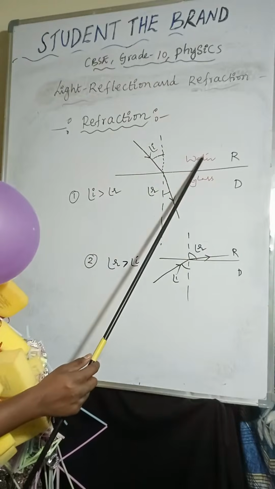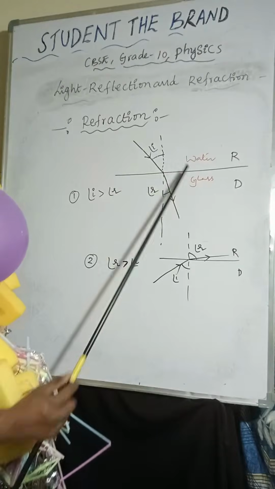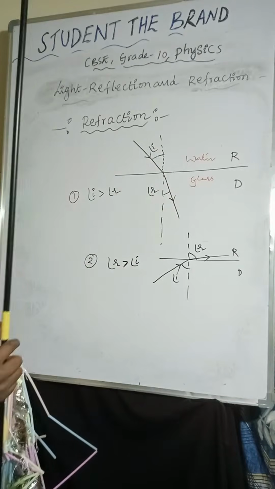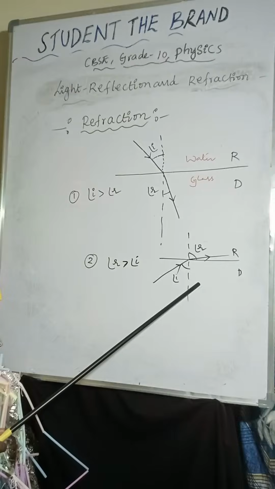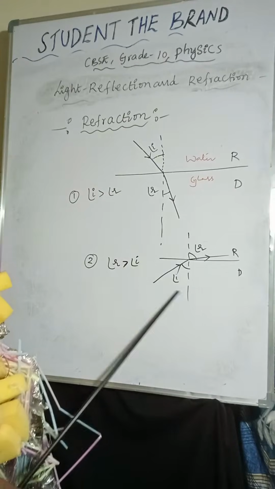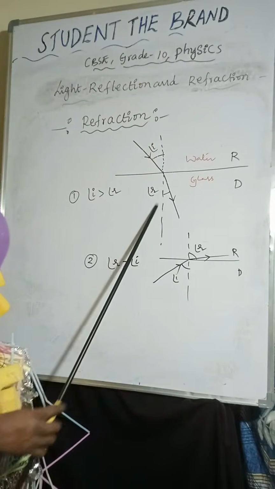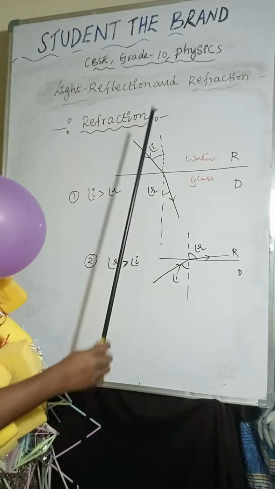if I take water and water, rarer medium water and denser medium also water, the light ray will pass straight. Even here, if you take the same mediums, there won't be any deviation. And one more thing, if the light ray passes along the normal line, there is no refraction.